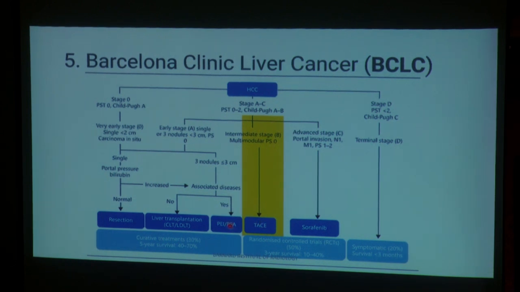And RFA comes under the curative. As I told you, 3 nodules less than 3 centimeters can be done. So this BCLC helps in the management of HCC, whether it is curative or whether it is palliative treatment. Once it is stage D, it depends upon the Child-Pugh scoring and the performance status of the patient.